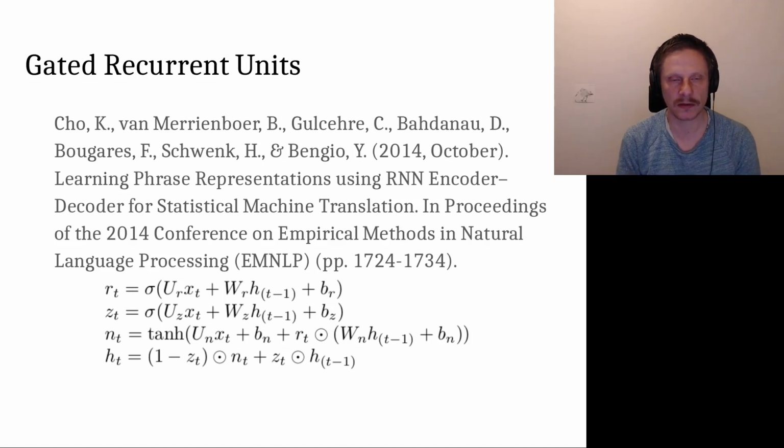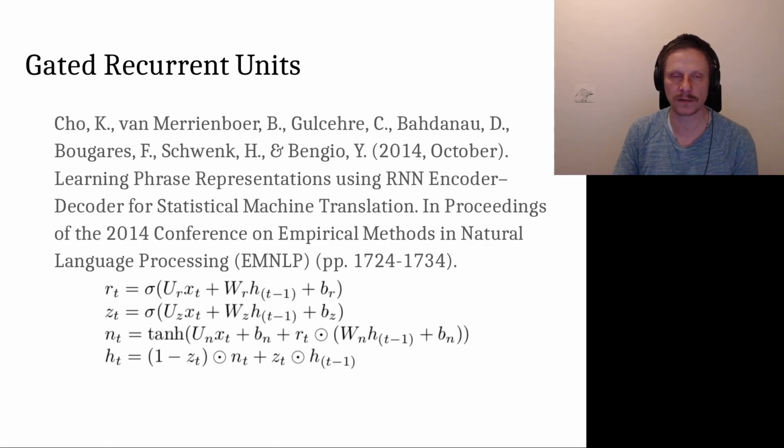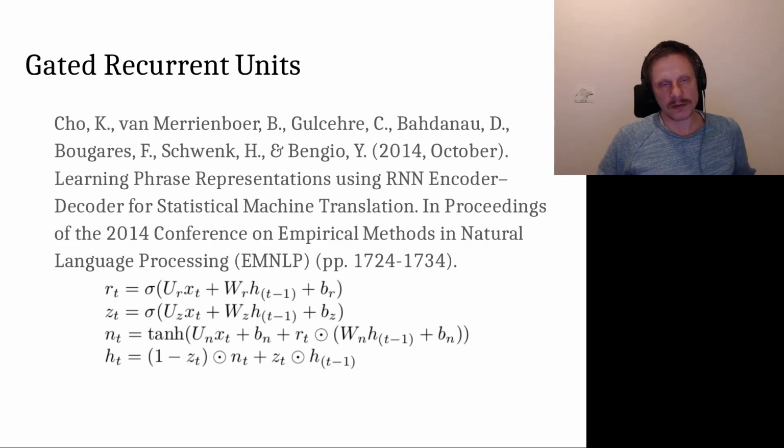So the hidden state here is a weighted combination of the previous hidden state and the current candidate activation. So this is a little bit simpler in terms of formulation than LSTM. It tends to work pretty similarly in practice. From a theoretical point of view, it has some different properties, and some of which can also be shown empirically to make a difference in some cases.